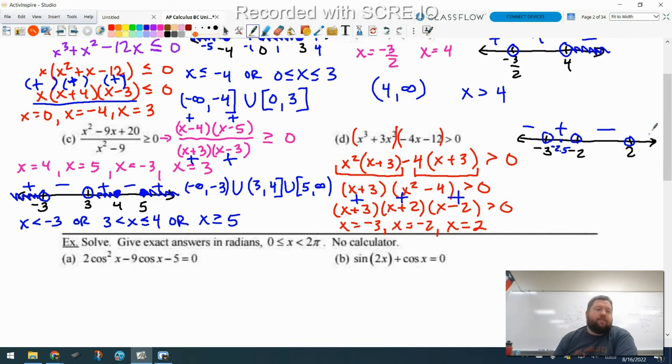Positive, positive, positive. We want greater than 0, so we want this section here and this section here. So negative 3 is less than x is less than negative 2, or x is greater than 2, or negative 3 excluded to negative 2 excluded, union, 2 excluded to infinity.